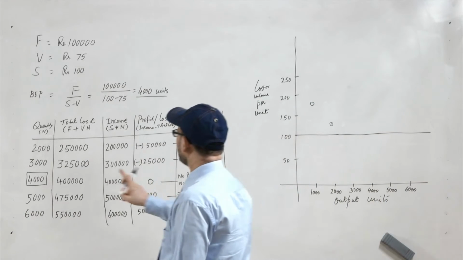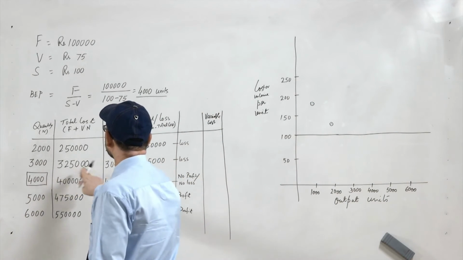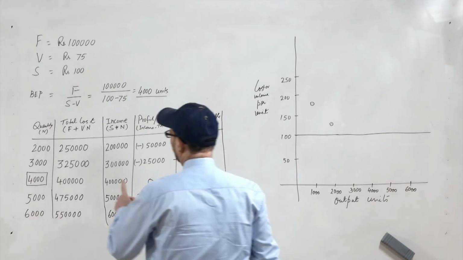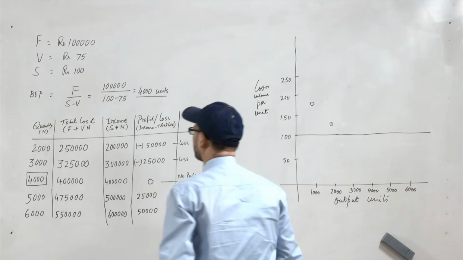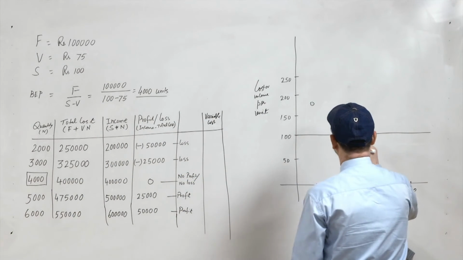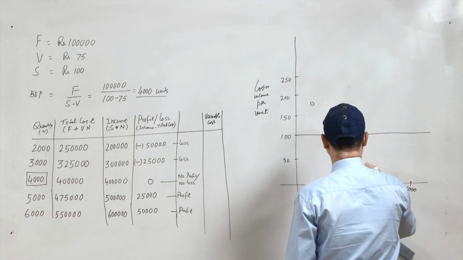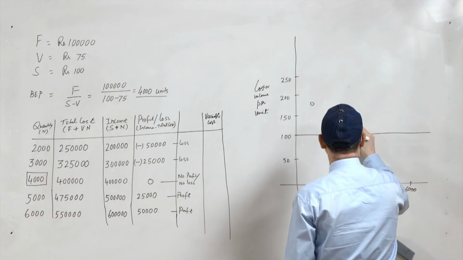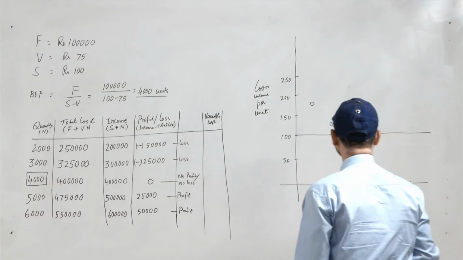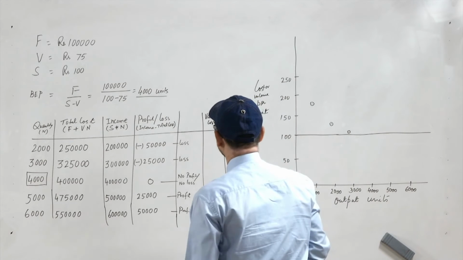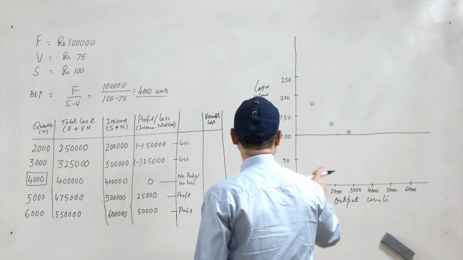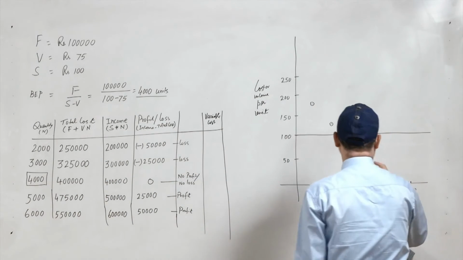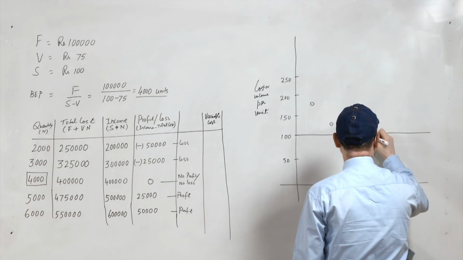Then for 3000 units it is 3,25,000. So, for every unit it will be 108.3. So, it will be here close to this. Now, for 4000 units it is 100. So, for 4000 units it will reach at this point.